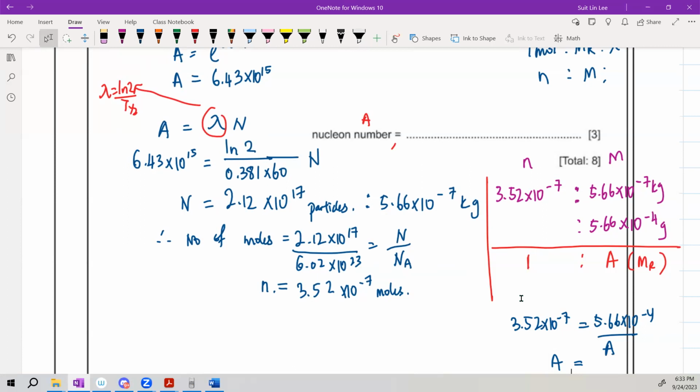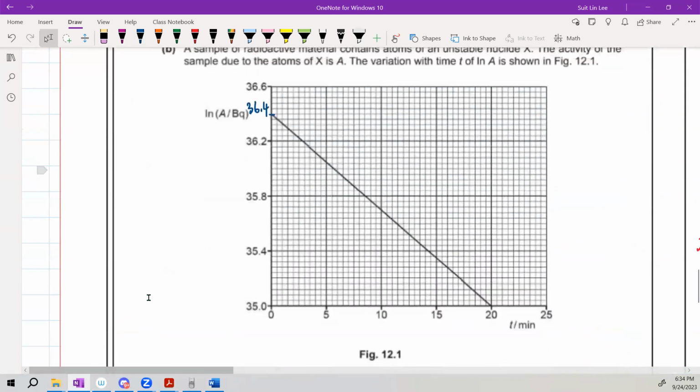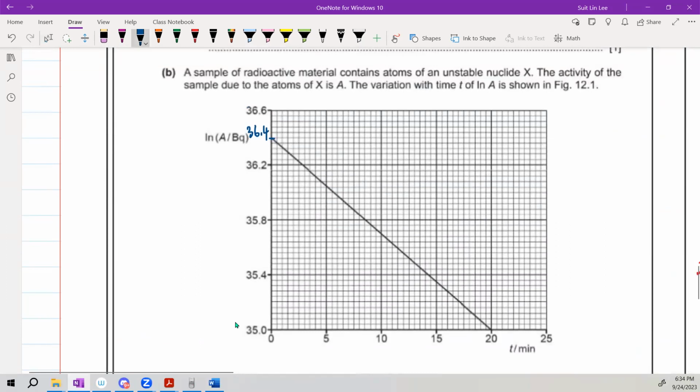Checking calculation. Oh no, this is not 0.